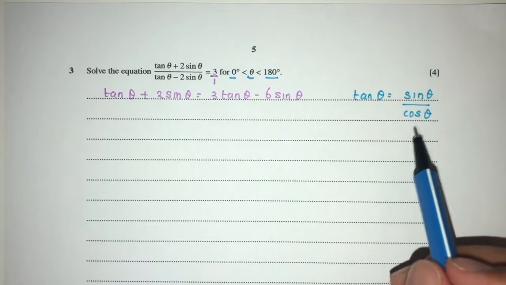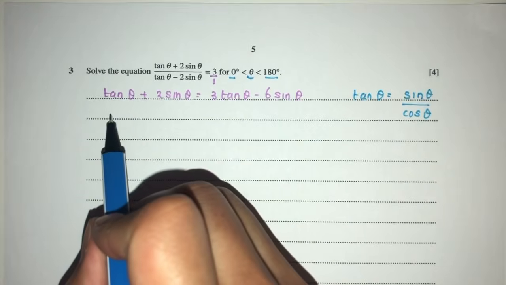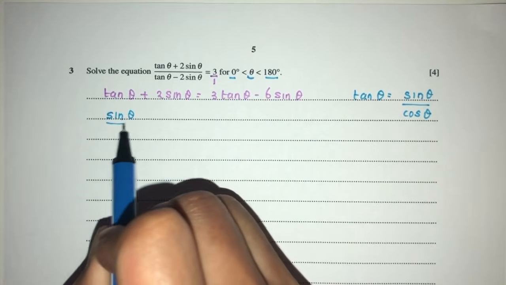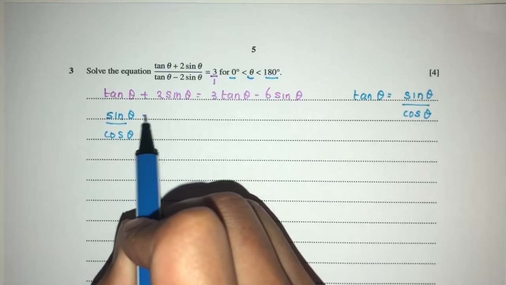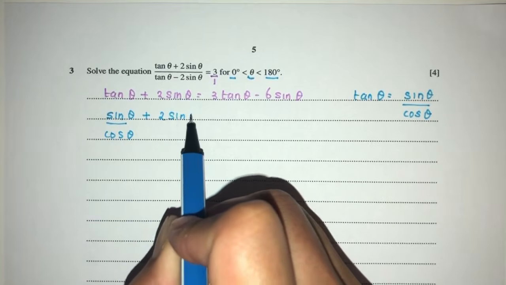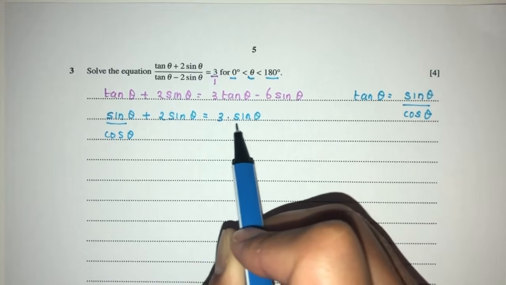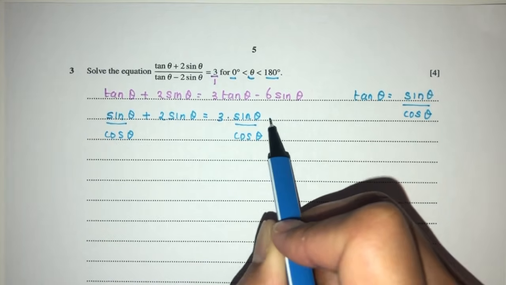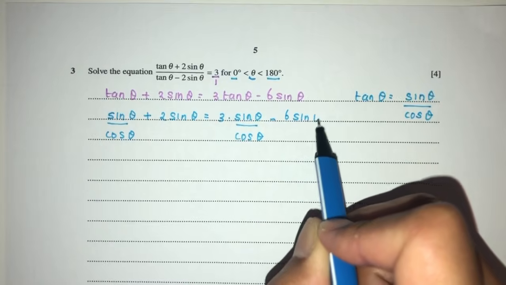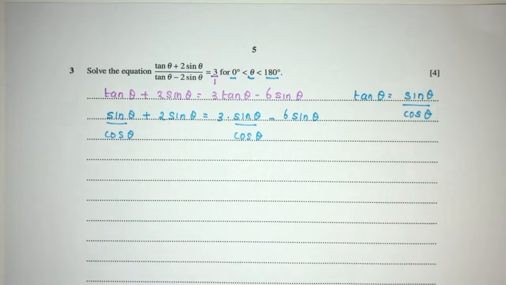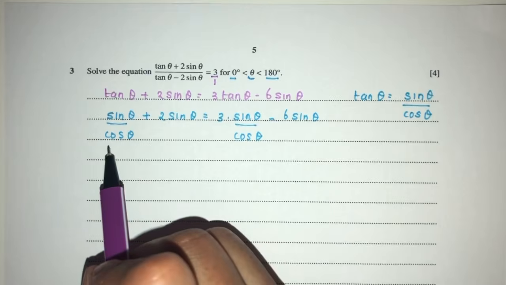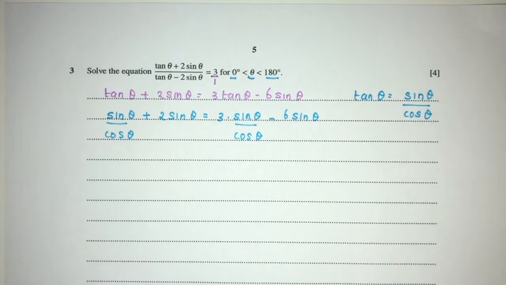And then we can replace now. We have tan is equal to sine over cos. So sine theta over cos theta plus 2 sine theta is equal to 3 times sine theta over cos theta, right? And then minus 6 sine theta. Now, again, as you can see, we have the same base on both sides, or we can send this to one side if you want to.